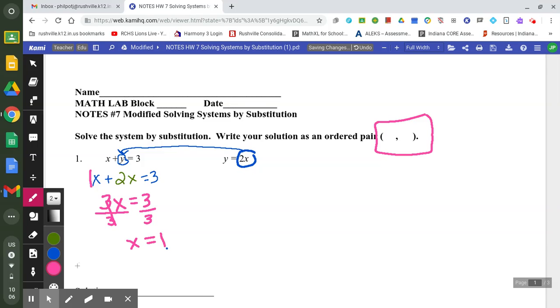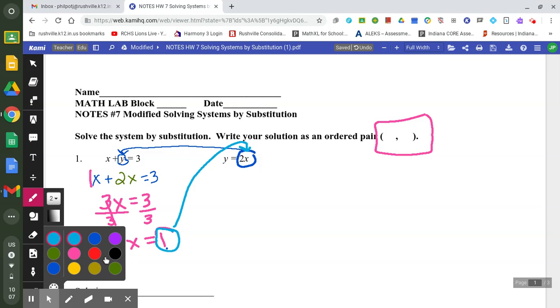So now that I found x, I can take this 1 and substitute it back in to that x.